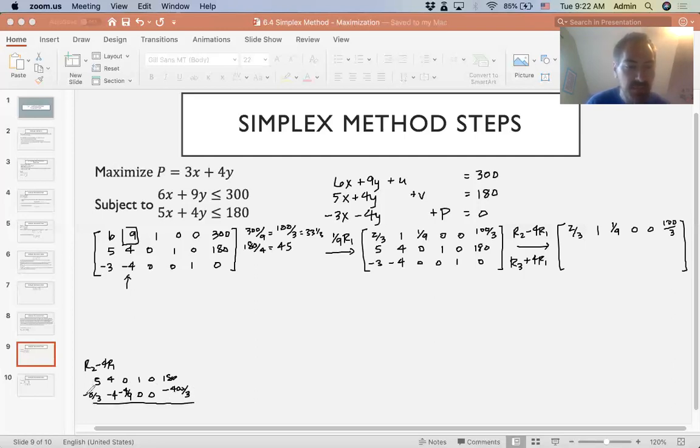All right, 5 minus 8/3 is 7/3. 4 minus 4 is 0. Negative 4/9, 1, 0. And 180 minus 400/3 gives us 140/3.